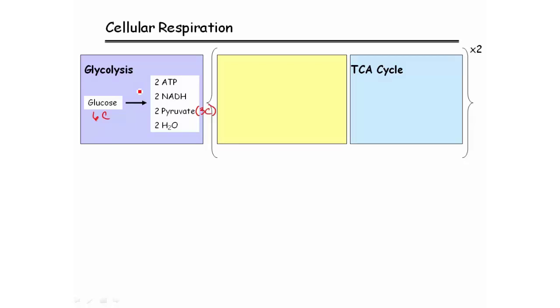We are then going to take our 2 pyruvates, and they will be shipped into the mitochondrial matrix. So this yellow box represents that shipping step. This step is not considered glycolysis or the citric acid cycle. As we ship the pyruvate into the mitochondrial matrix, it will be converted into acetyl-CoA.